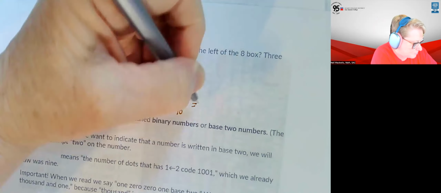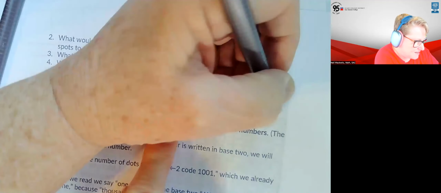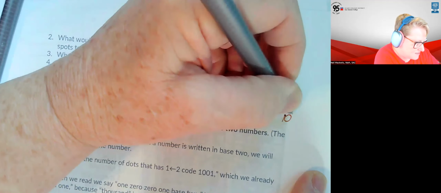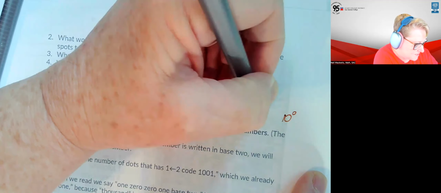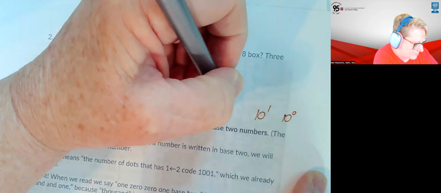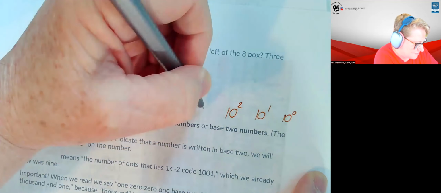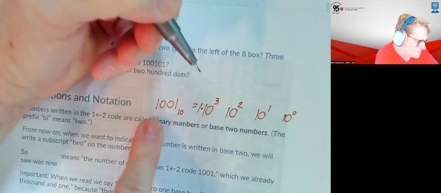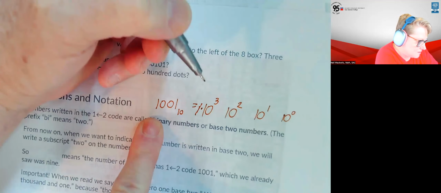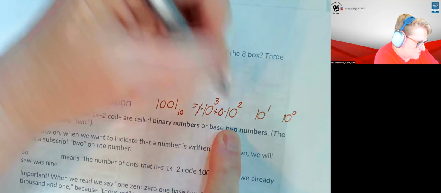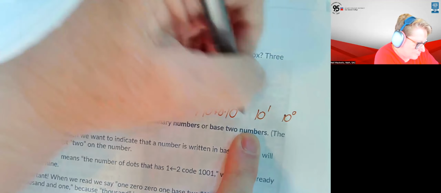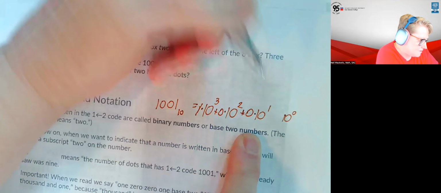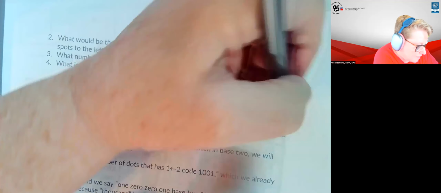This would mean, let's see, in the tens place, we have 10 to the 0, 10 to the 1, 10 to the second, 10 to the third. So this says there are 1 10 to the thirds, 0 10 to the seconds, 0 10 to the firsts, and 1 10 to the 0.